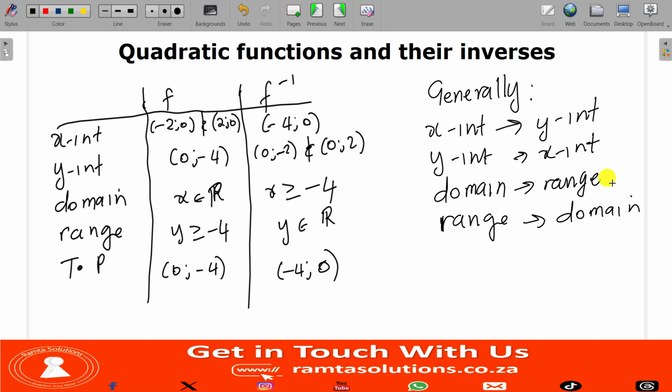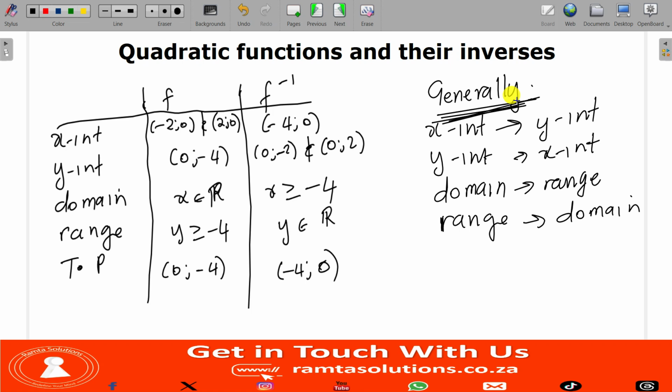Okay, these are the things that you will be using. And to be honest with you, this is all that you need for your quadratic functions. Remember, when you're dealing with inverses, what was x becomes y, what was y becomes x.